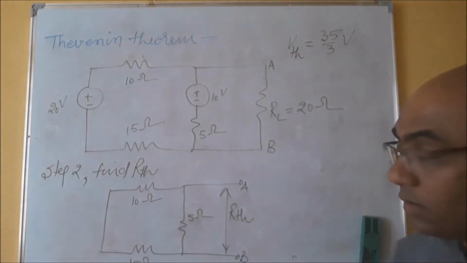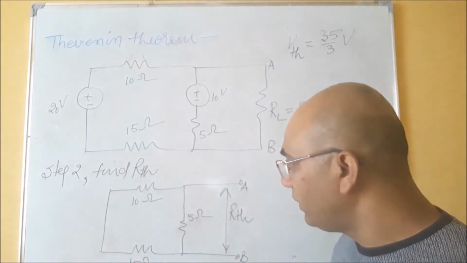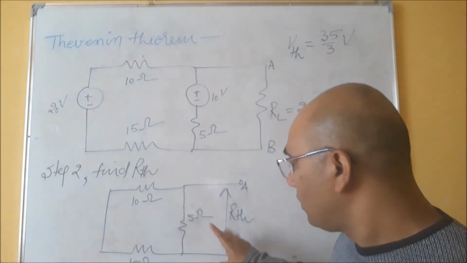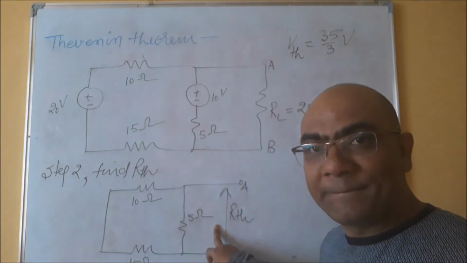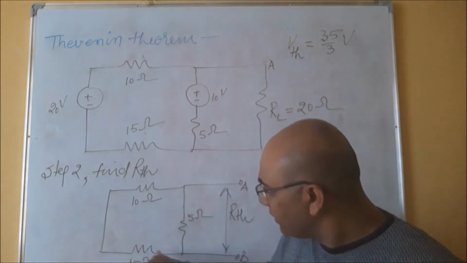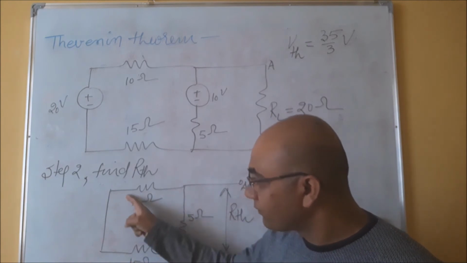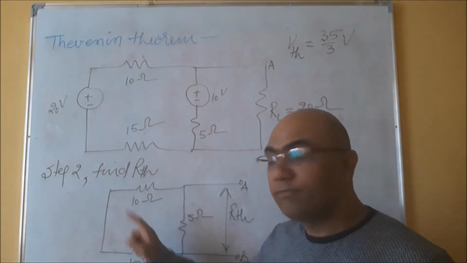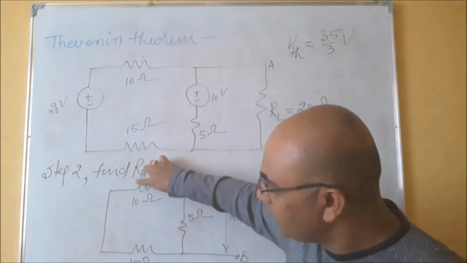Now you want to know the value of RTH here. To find the value of RTH, when you start from this point, you see 15 ohm and 10 ohm, and the same current flows here. Suppose I say current I is coming from here, so I will go like this.